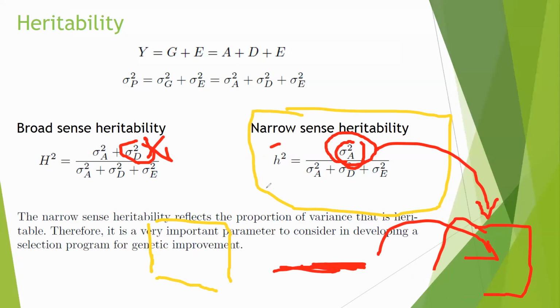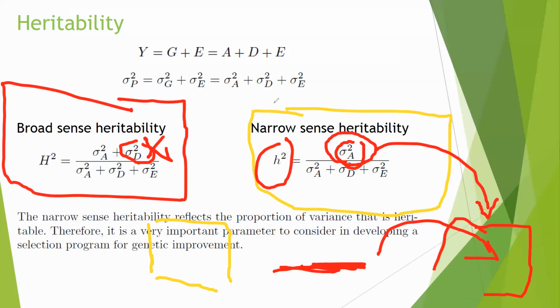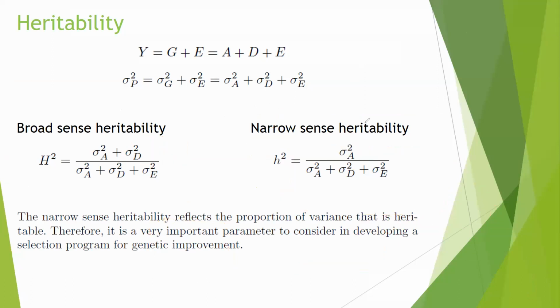So this is more accurate, but this is not that accurate. That's the merit for us to use the narrow sense heritability, because it can be repeatedly applicable once you define a linear model with the narrow sense heritability. Mm-hmm. Okay. Good question.